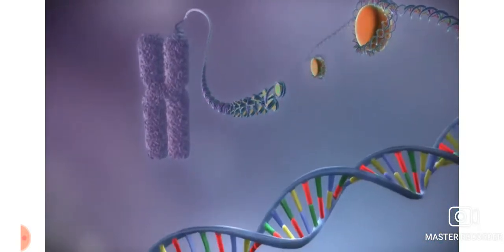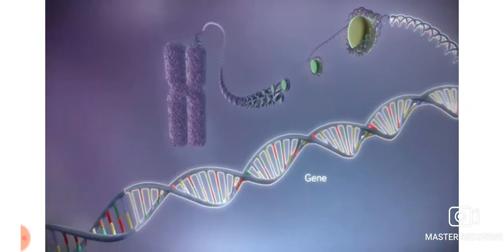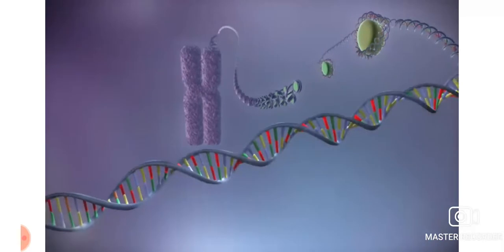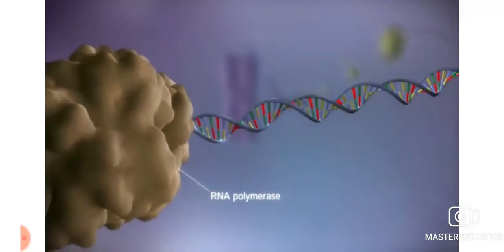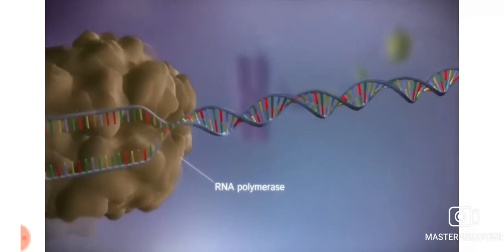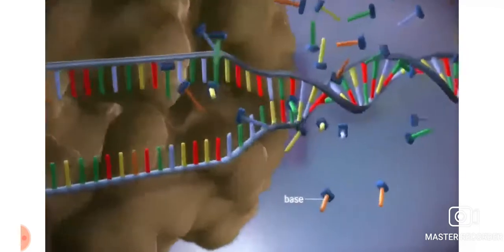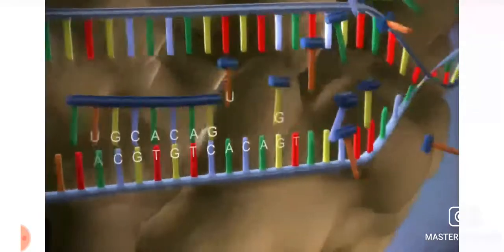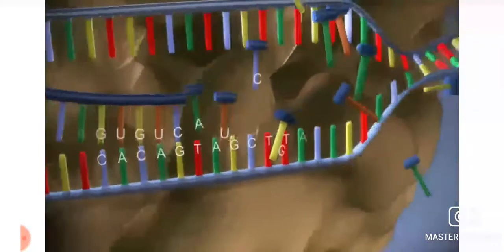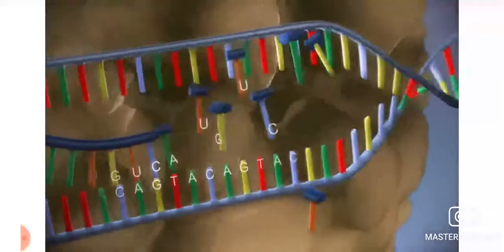Chromatin contains nucleosomes, where DNA is bound around the histone proteins, and this is the DNA. Now RNA polymerase, which is needed for the process of transcription, opens the DNA locally and starts adding what? Nucleotides of RNA, isn't it? Understood?